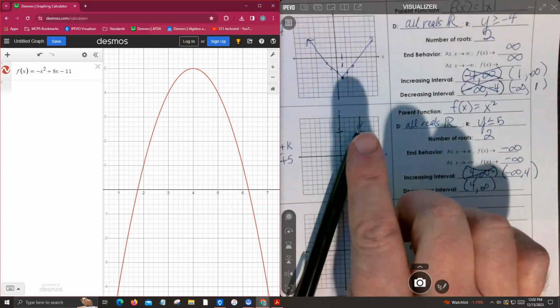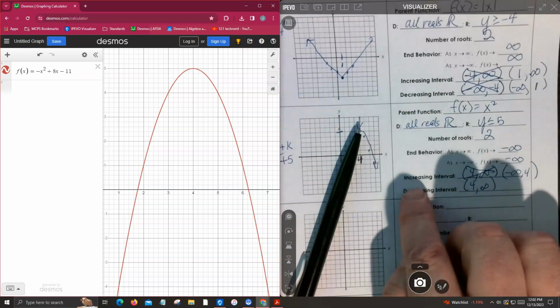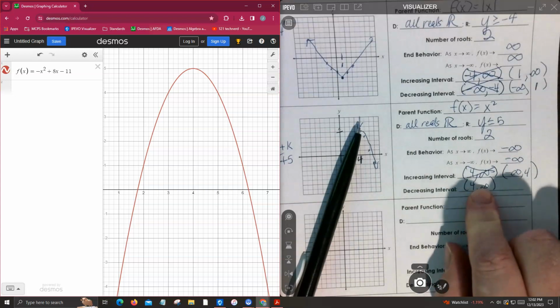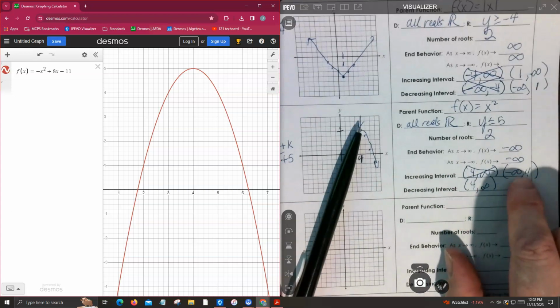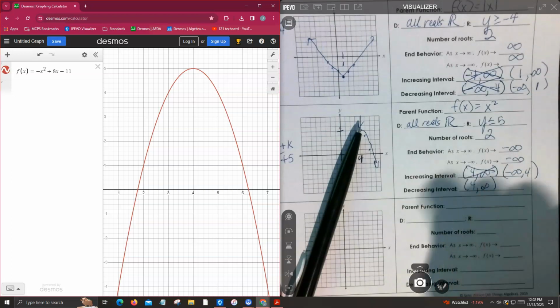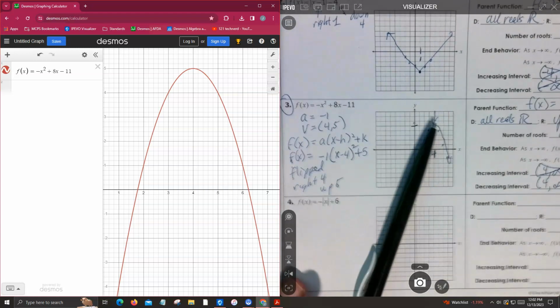But as soon as it hits 4, y starts going down and down. So it starts decreasing once x gets beyond 4. If you're less than 4, y's values continue to go up, while once you get past 4, y's values are going down. And that's how that increasing and decreasing interval works.